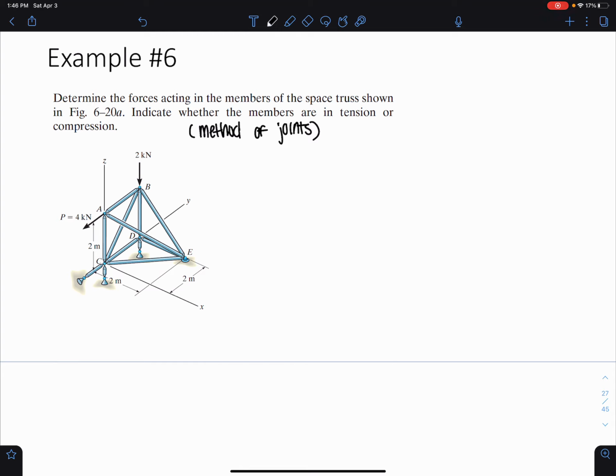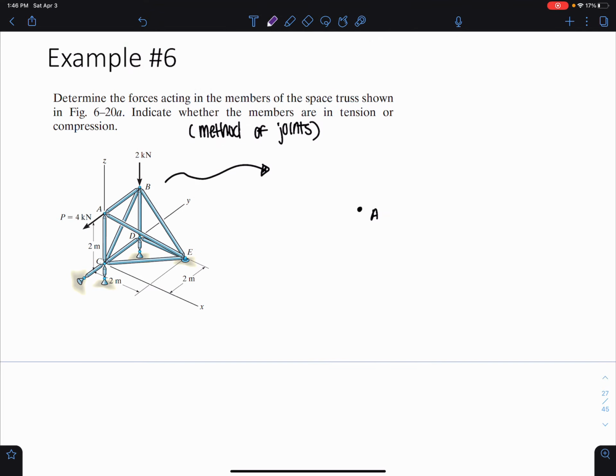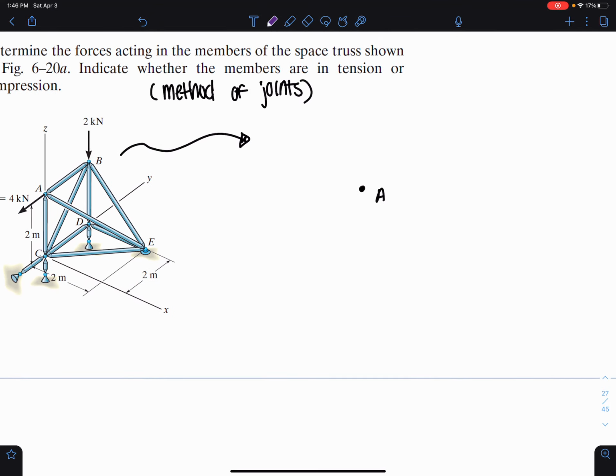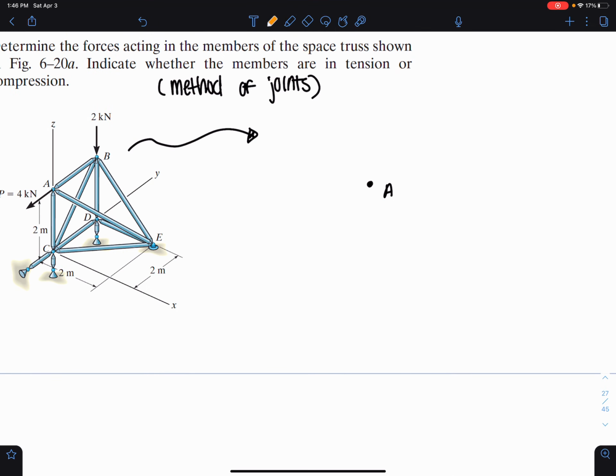And I'm going to start by analyzing joint A. So I'm going to go ahead and isolate joint A, and then I'm going to draw all of the members and forces that are coming out of joint A. The first thing actually I'm going to do, I'm going to draw the coordinate axes just like they're drawn on the image.